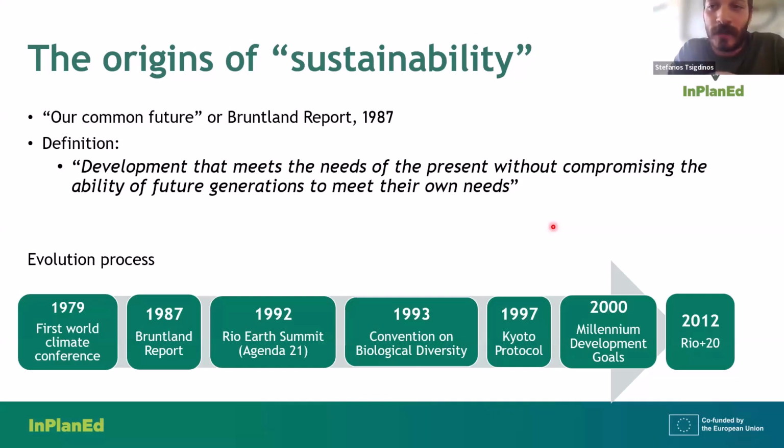The debate started at the end of the 70s, after the oil crisis, and then gradually we have had many summits, seminars and conferences on this concept. The most recent one is not in 2012, but in 2016 in Paris, the Paris Agreement, and also some more of them. But the major one is the Brundtland report, where you can find these very definitions, Our Common Future. This is the title of the report.